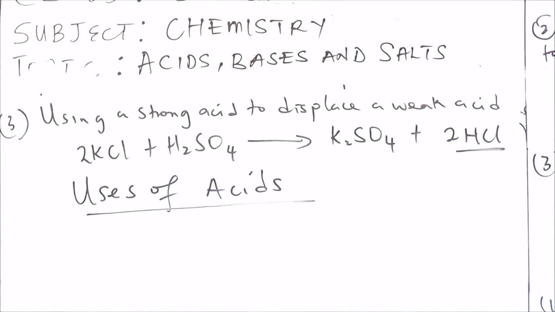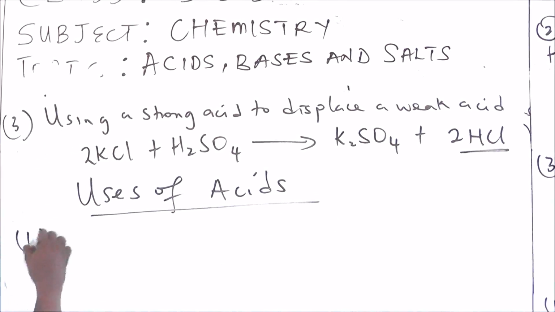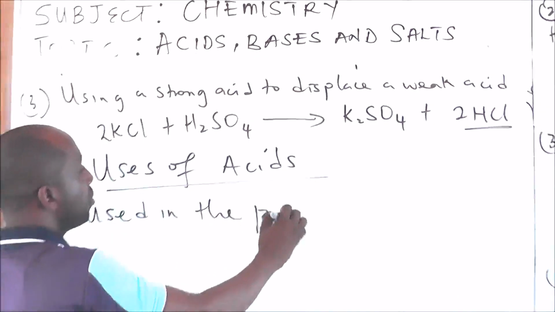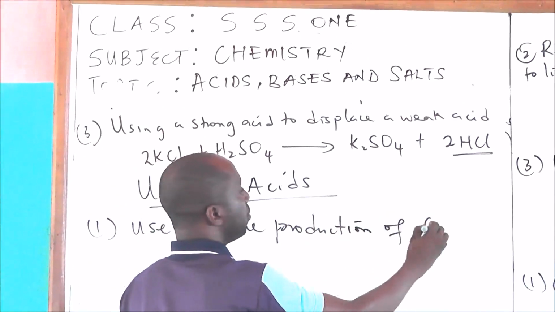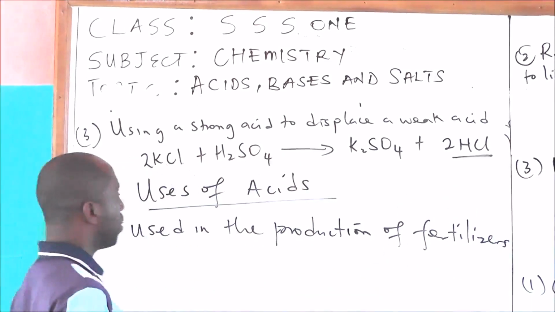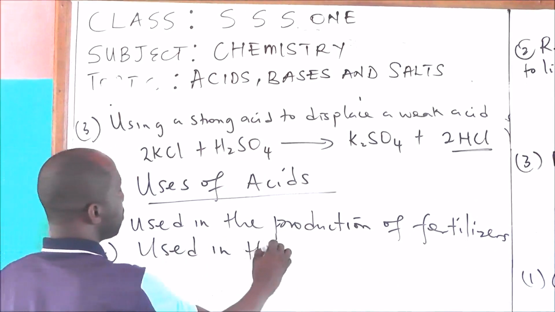Acid can be used in the production of fertilizers. Then you can also use acid in the production of drugs.